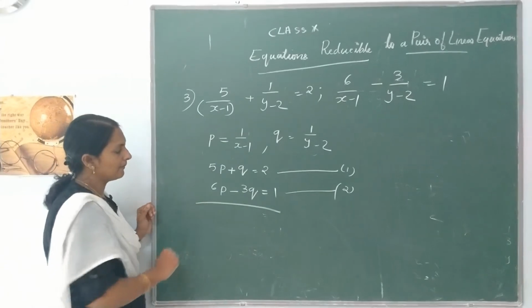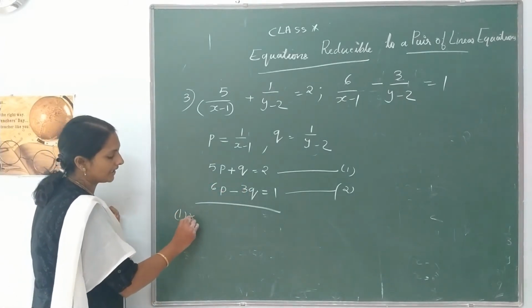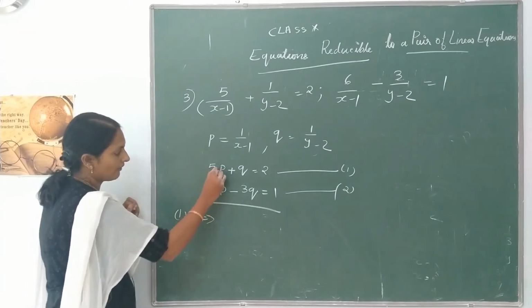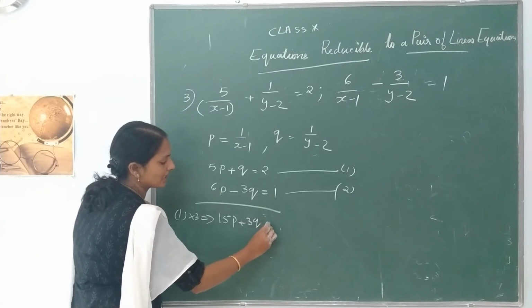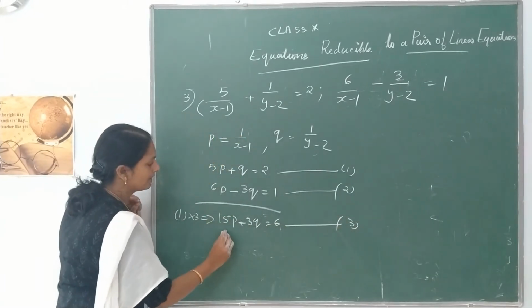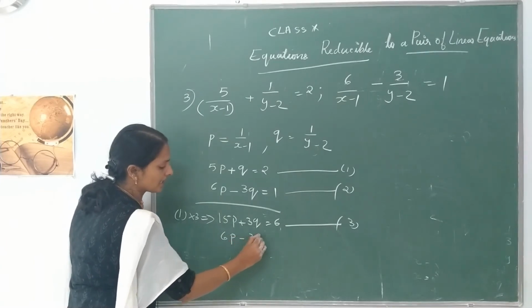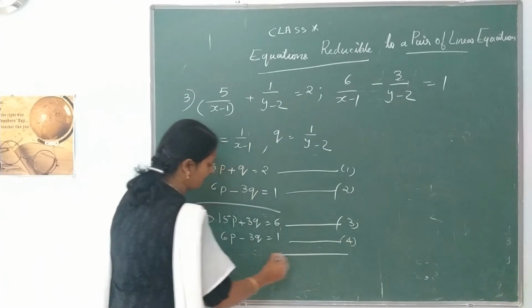Then simplify using elimination method. Then multiply the first equation by 3. That becomes 15p plus 3q is equal to 6. This is equation number 3. Then 6p minus 3q is equal to 1. This is equation number 4.